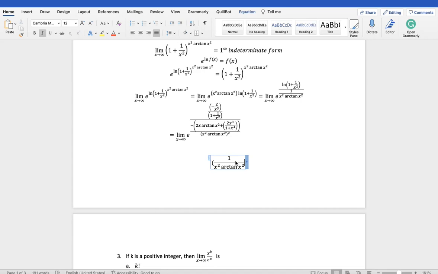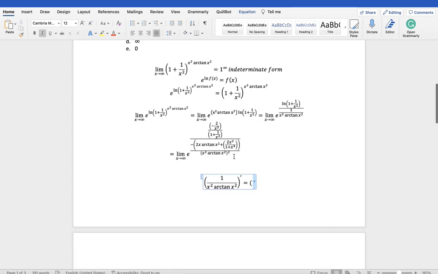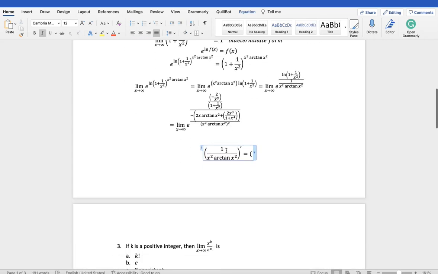So we should all follow here so we can move on. So we're using the quotient rule. You take the derivative of the numerator and multiply it by the denominator.